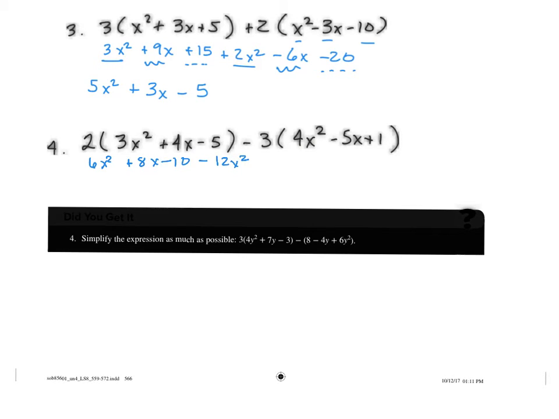A negative 3 times a negative 5x is plus 15x. And a negative 3 times 1 is a negative 3. Combining like terms, 6x squared minus 12x squared gives me negative 6x squared. 8x plus 15x gives me plus 23x. And negative 10 minus 3 gives me minus 13.